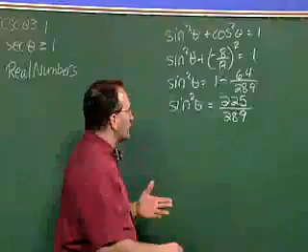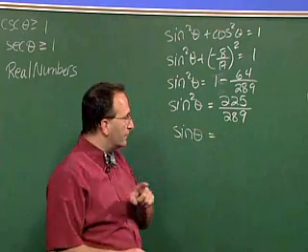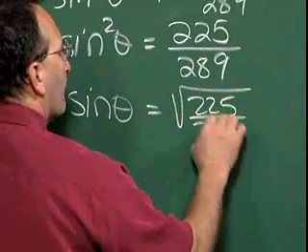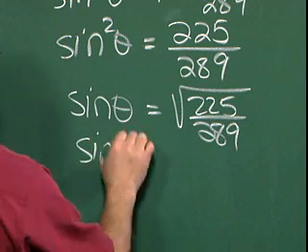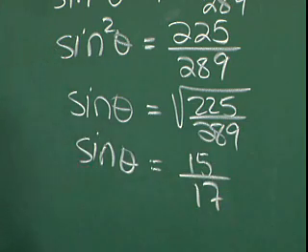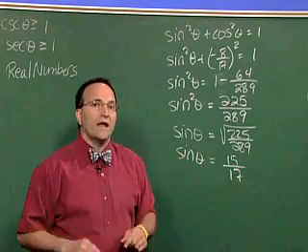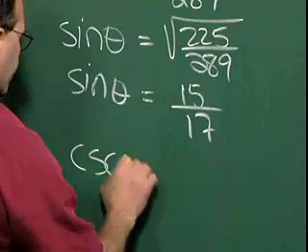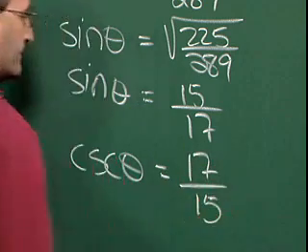289. Once again, we know that sine theta is going to be positive, so we only have to worry about the positive root of 225 over 289. That gives me an answer for sine theta equaling 15 over 17. Well, immediately, if we know sine theta is 15/17, we know that the cosecant theta is the reciprocal, or in other words, 17/15.